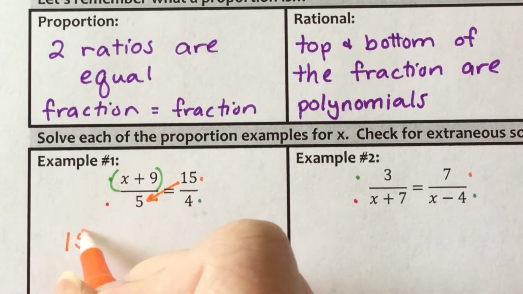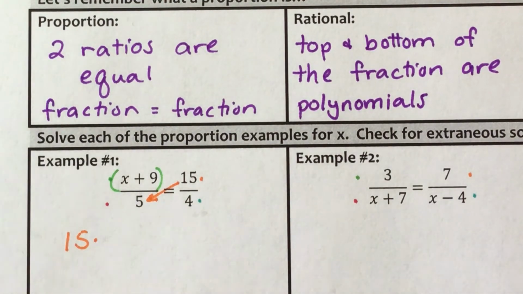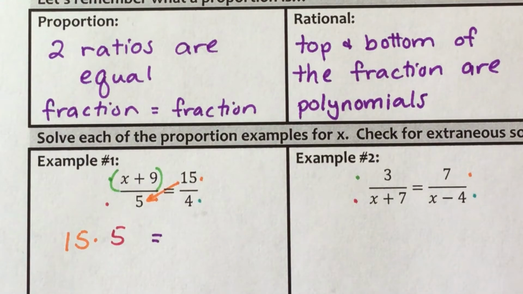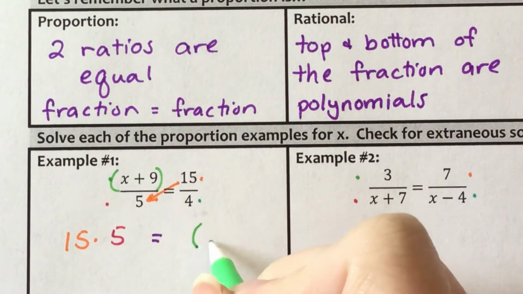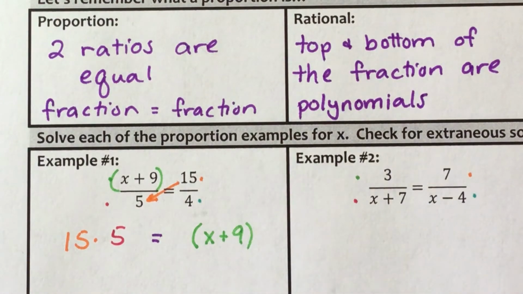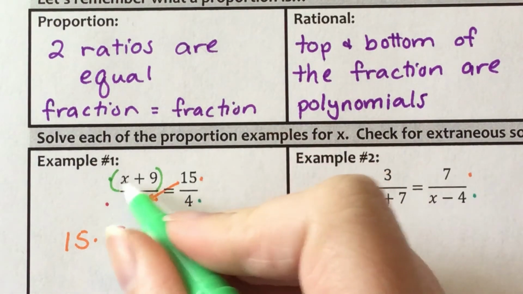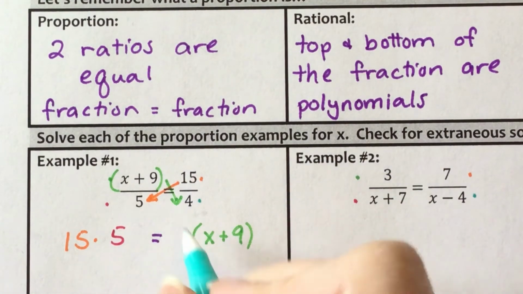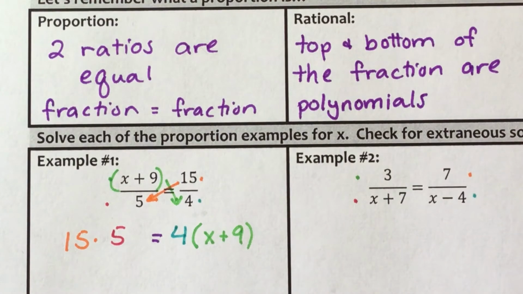So the 15 times the pink 5, and that is going to equal x plus 9. Go ahead and put any polynomials that are more than one term into parentheses as you write them down. So this x plus 9 multiplies down here times that 4. And I'll put the 4 in the front. Okay, so top left times bottom right, top right times bottom left.